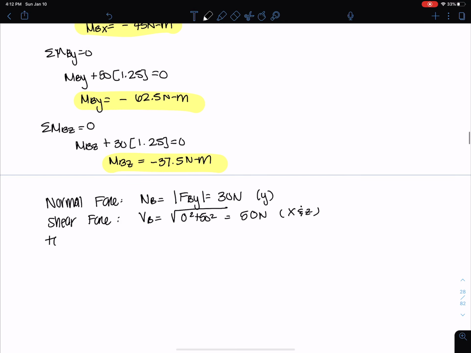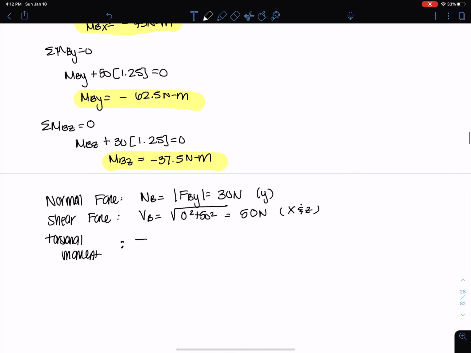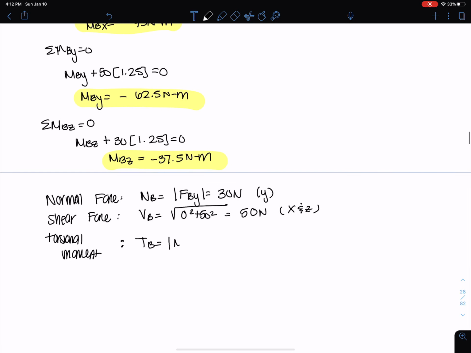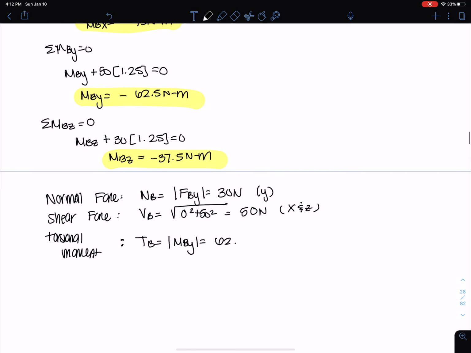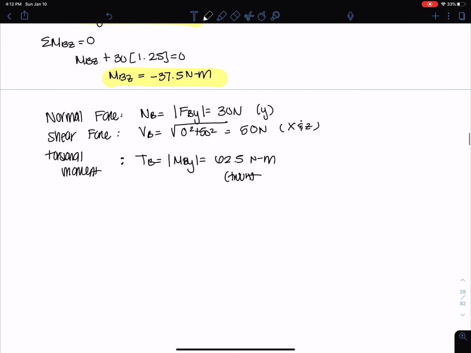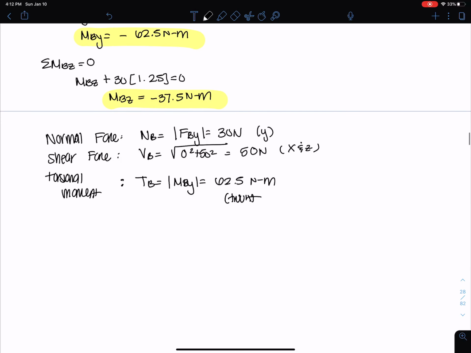I can get my torsional moment. That has to be my MBY here, because the system twists along the y.